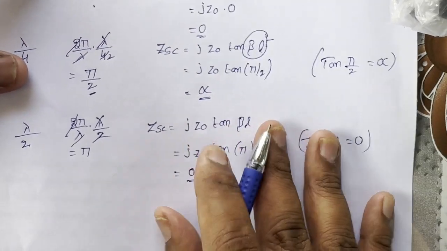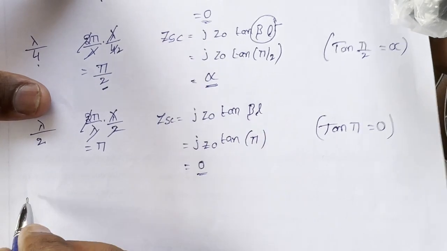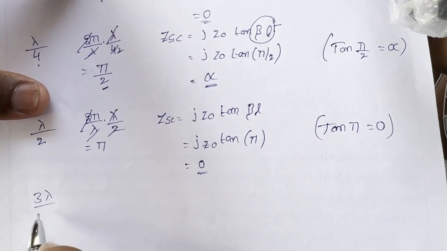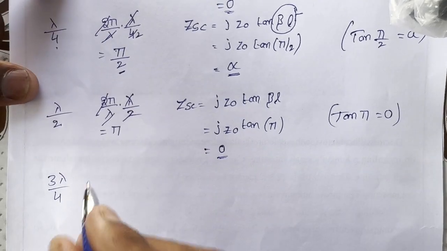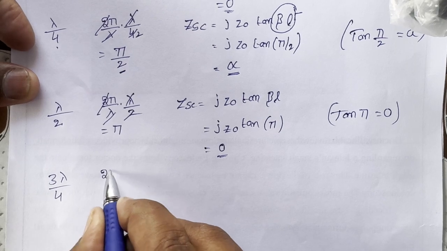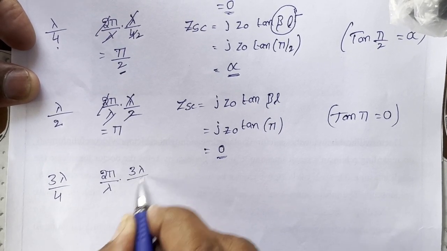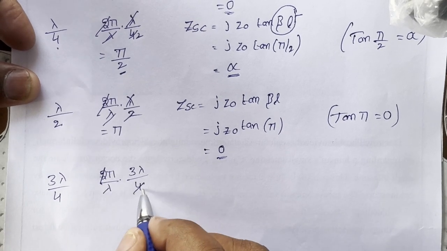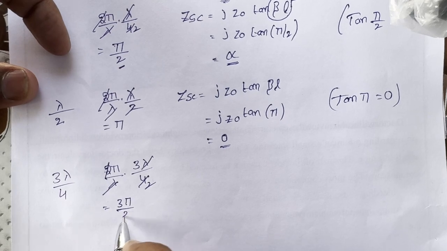And in the next case, I am assuming the L value will be 3 lambda by 4. Then beta L is nothing but 2 pi by lambda into L, which is 3 lambda by 4. The 2 and 4 cancel, lambda cancels, and that is equal to 3 pi by 2.